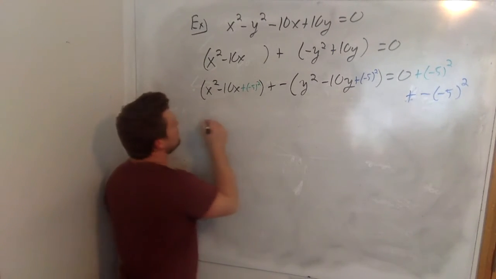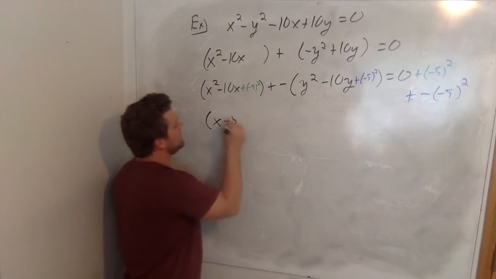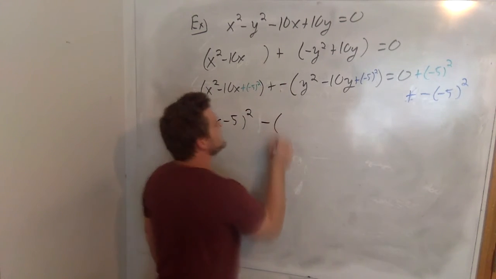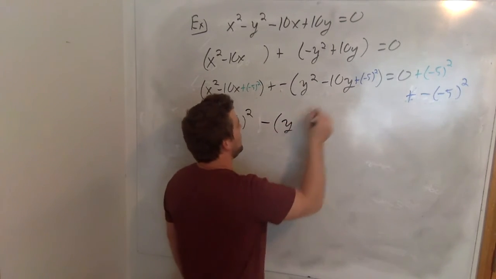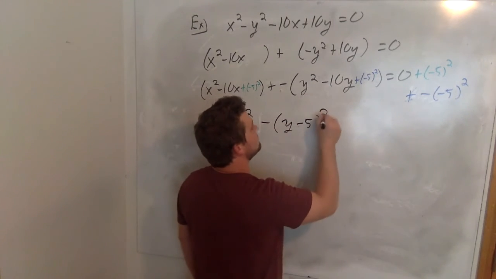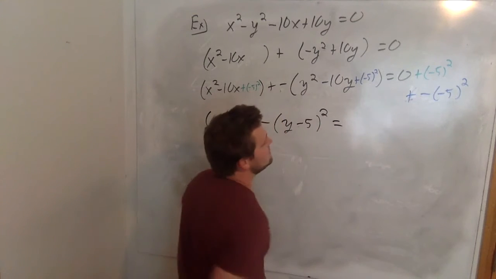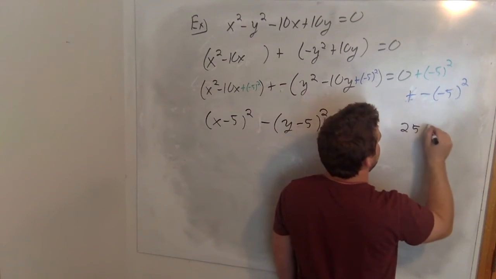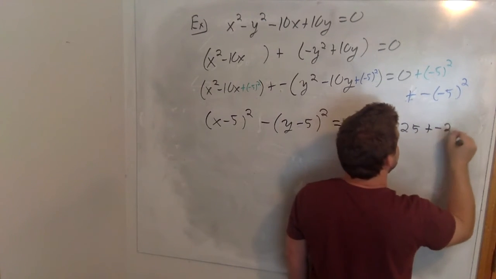Over here, we're going to get x minus 5 squared, minus y minus 5 squared, and that's going to be equal to 25 plus a -25.